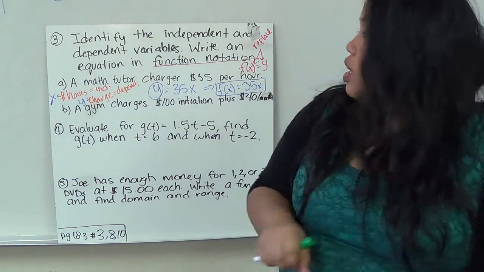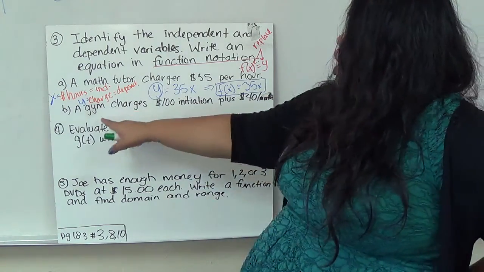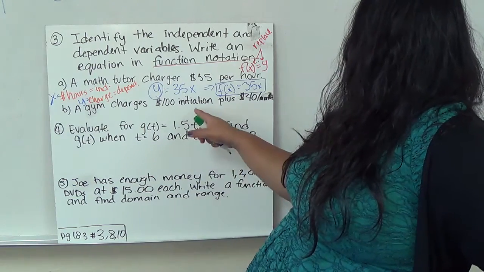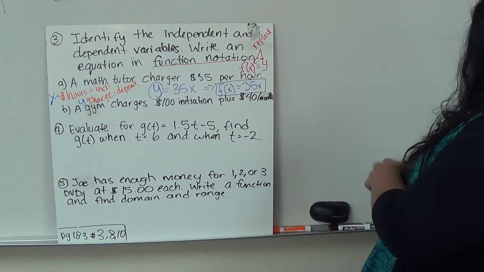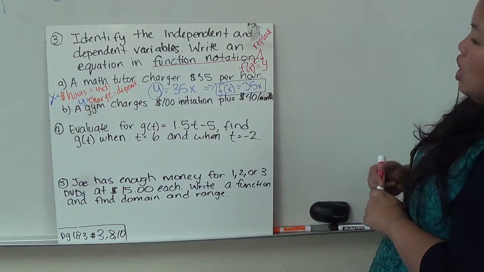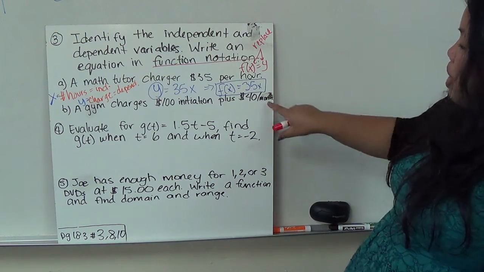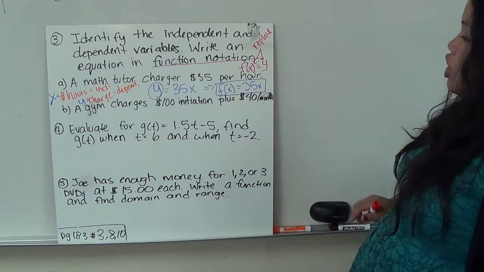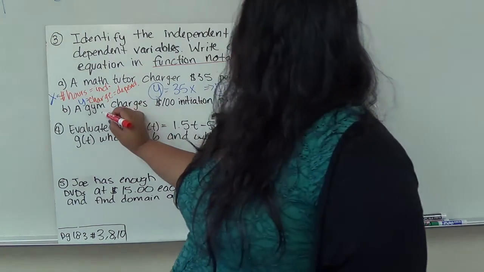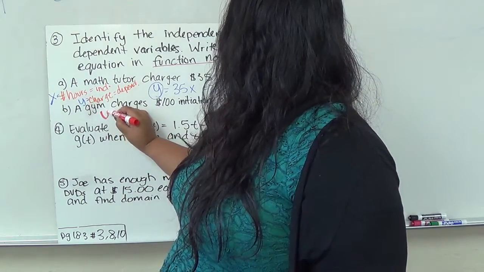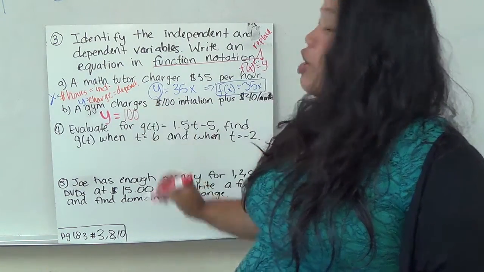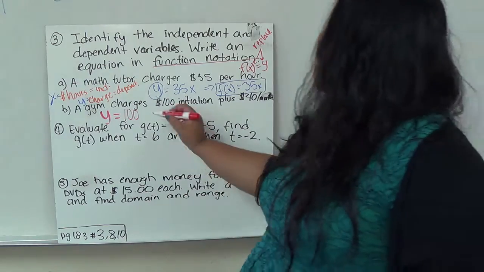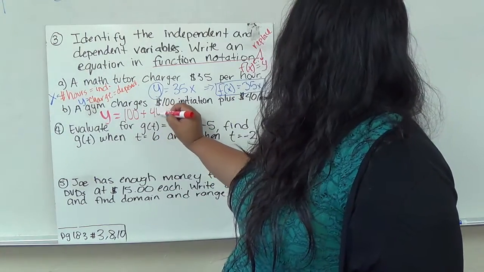All right? So, a gym charges $100 in initiation plus $40 a month. In this case, how many months is my x and how much I charge is my y. So my total charge y, I start off with $100 because no matter what, I'm going to be paid $100, but I have to add on $40 for every month.